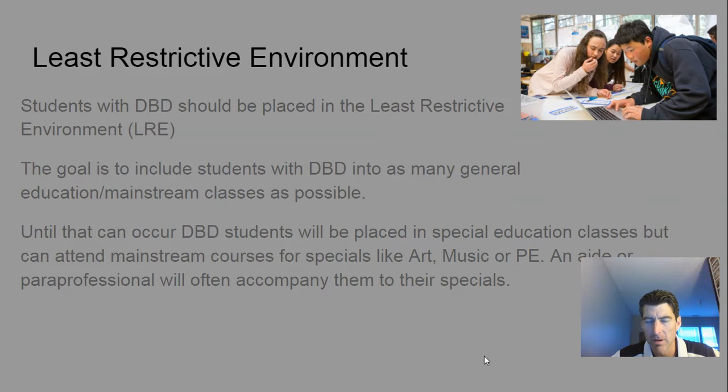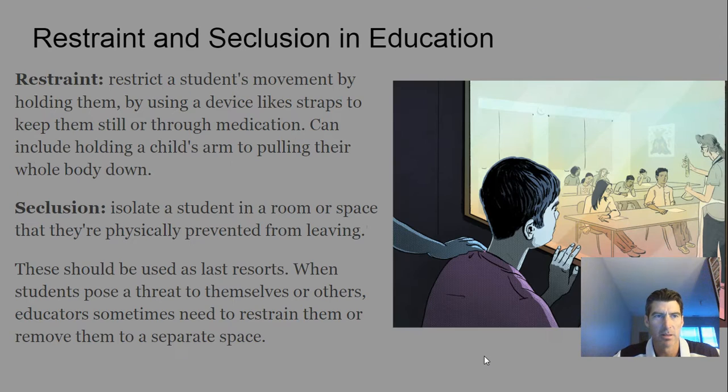Until that can occur, the DBD students will be placed in special education classes and work towards going to more of those classes by starting them in the specials, having them go to art class, travel to music or PE, and in which case, if there are concerns about that transition, an aide or a paraprofessional would accompany them to those special classes, kind of a bridge to work up towards going to more and eventually, hopefully, all regular education classes.